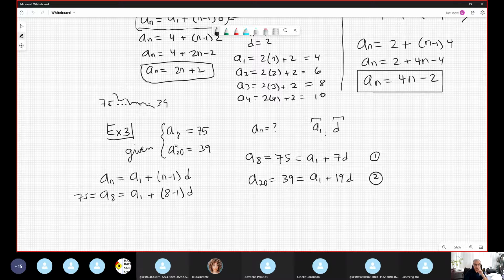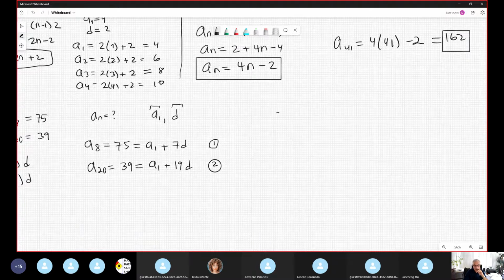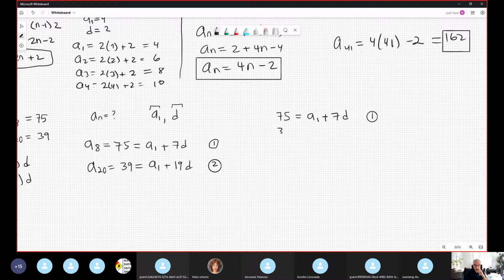We're focusing now on this system of equations. Let me recopy: 75 is equal to a1 plus 7d, equation 1, and 39 is equal to a1 plus 19d. There are many ways, you are strong doing this job.